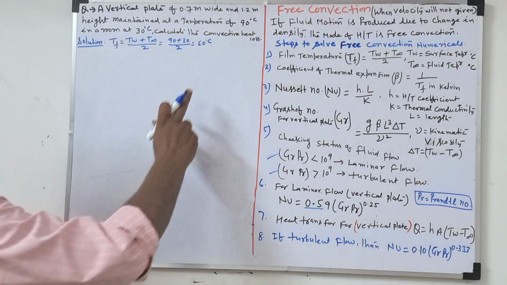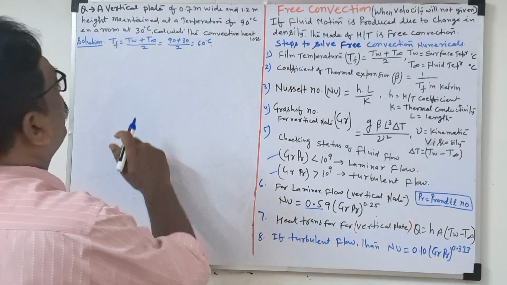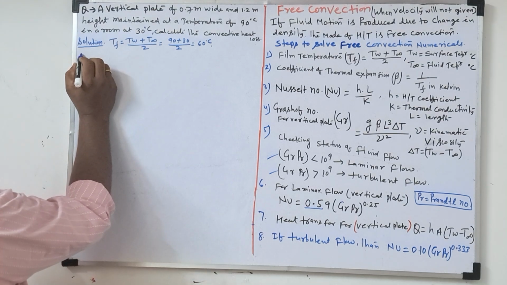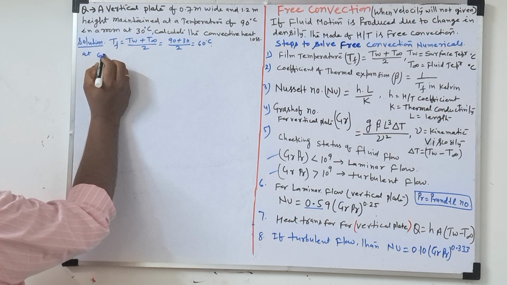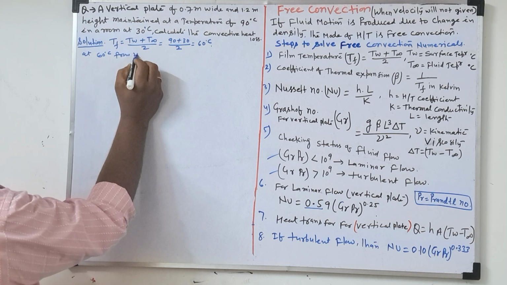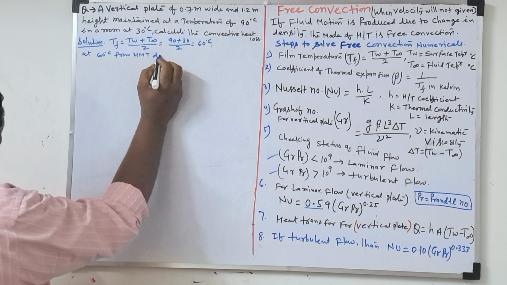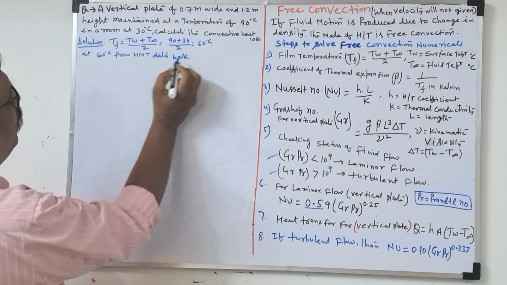Then with that temperature we will write the properties of the air. So at 60 degrees Celsius, from the HMT data book, we will write all the values.